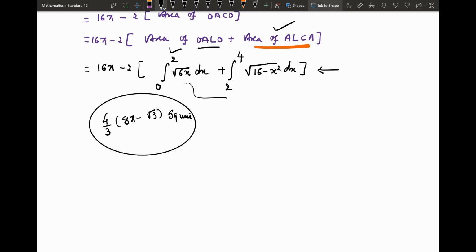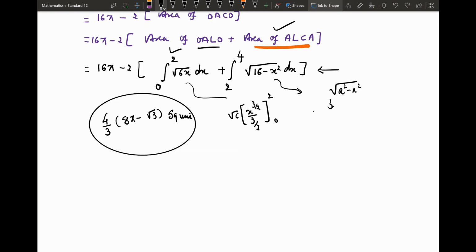Here it is easy, you can use 6x raised to, or you take root 6 common, you know how to integrate. Root 6 x raised to 3 by 2 upon 3 by 2, limit will be 0 to 2, and here you can use the formula for under root a square minus x square.